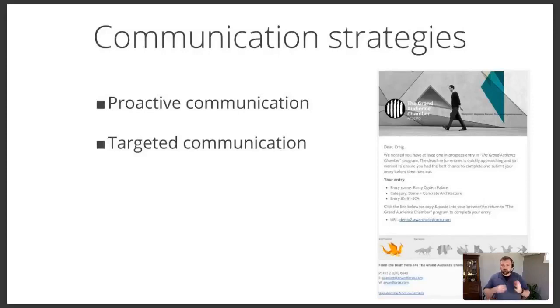Proactive communication is mainly about reacting to what's happening in your program and using the broadcast feature to send out messages in real time, whilst targeted communication is more about specialized messages that you want to send out to people based on the type of interactivity they have in your program. I've got a couple of examples that I'd like to show you, so let's take a quick look at some proactive communication examples. Take a look.